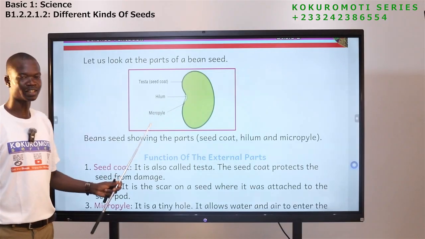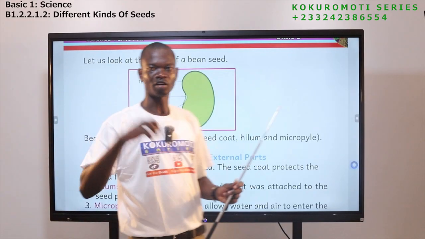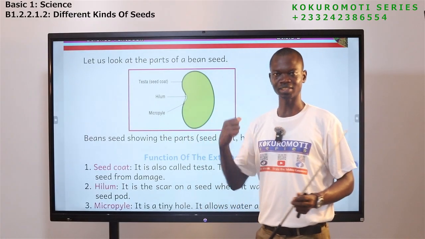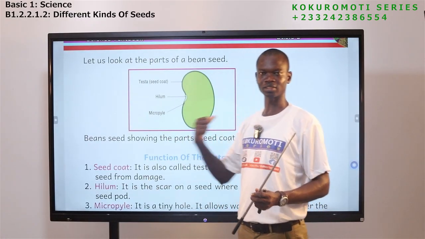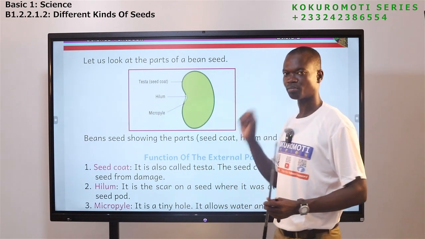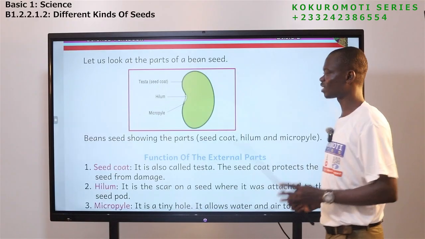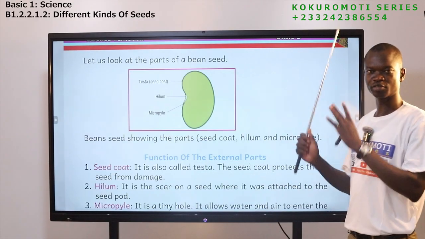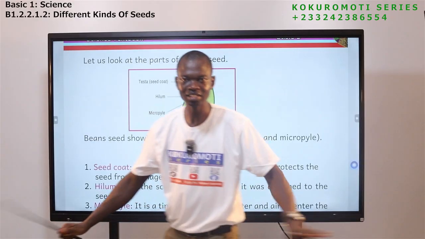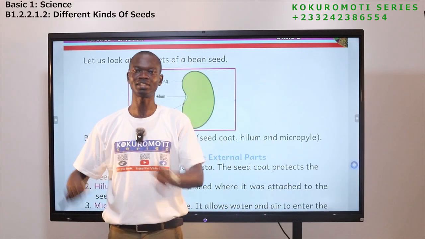The next one is the micropyle. The micropyle too is part of a seed. That is where air passes into the seed and water also passes into the seed. It's a tiny hole that we can find, but if you are not careful, you can't see it with your eyes. So we have learned about fruits and seeds. Some fruits have no seed, some have one seed, some have many seeds.